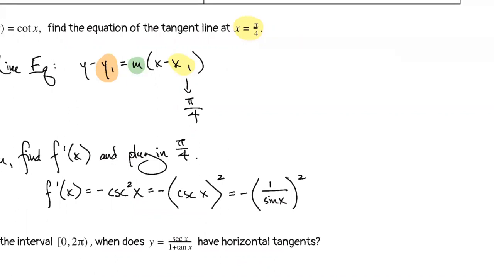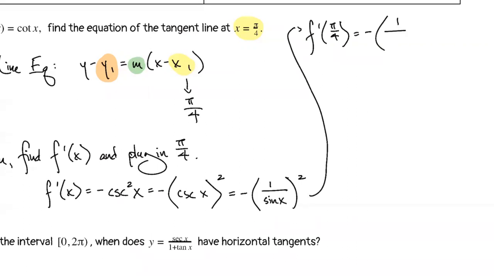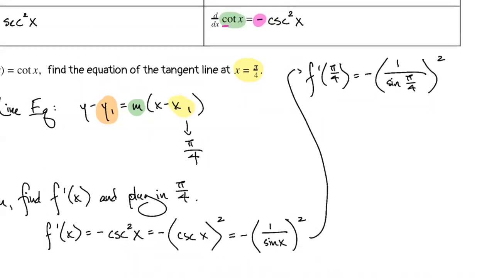I think we're ready now to plug in our number. F prime of pi over 4 is negative 1 over sine of pi over 4 squared. Okay.